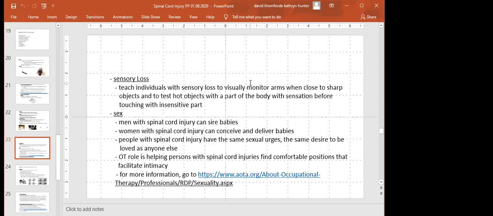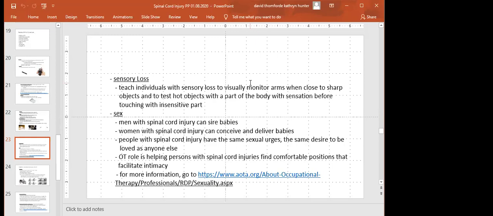So for instance, if they lack sensation in their hands, if they're not sure whether a pot is too hot, or water in a shower is too hot, they may test it with their elbow, because their elbow may still have sensation. And that way they'll know if the water is too hot to use their hands.